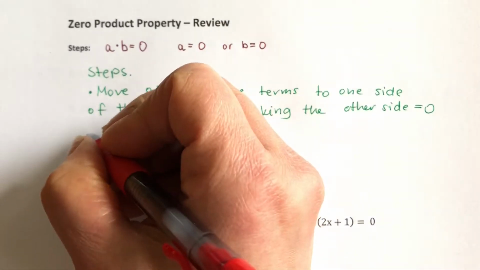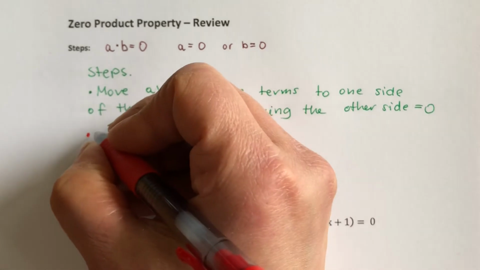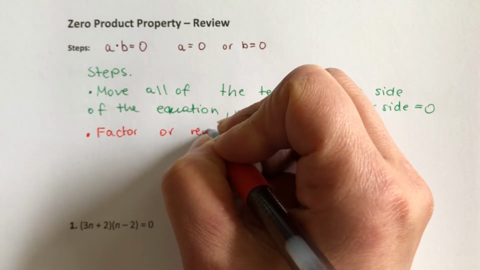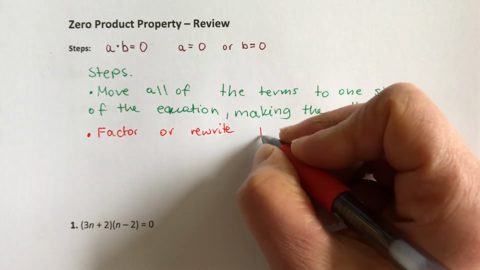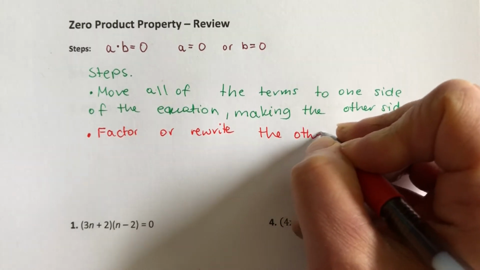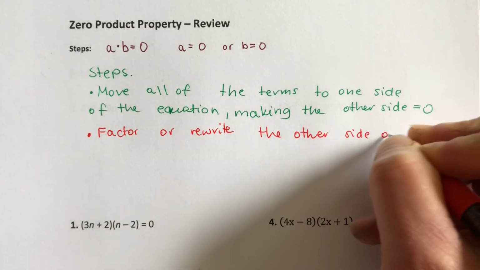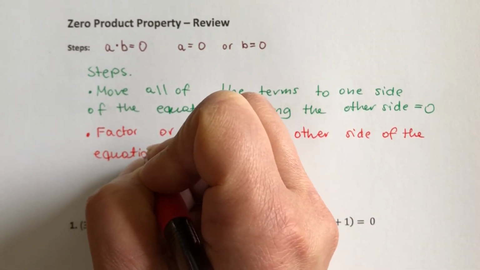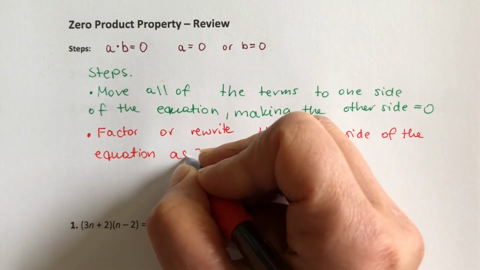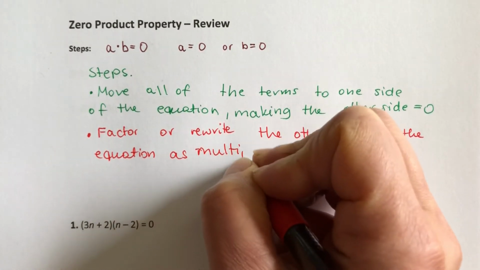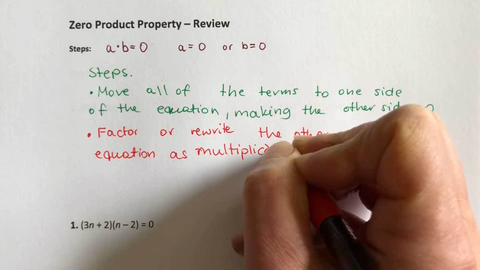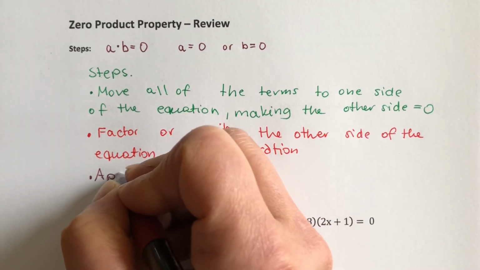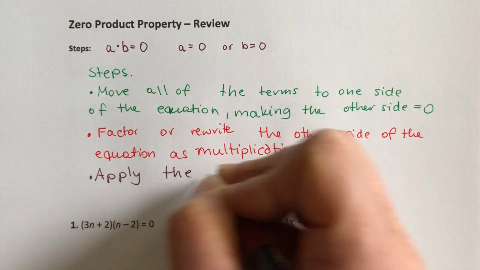Next, we want to factor or rewrite the other side of the equation as multiplication. And then lastly, we want to apply the zero product property.